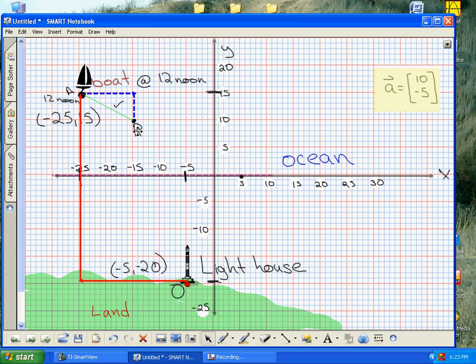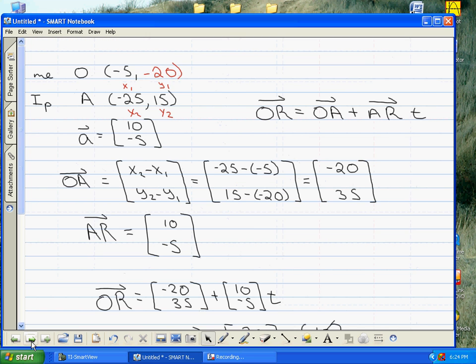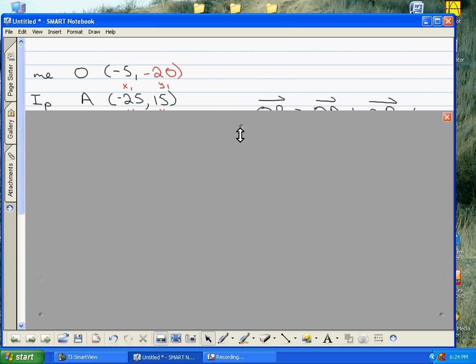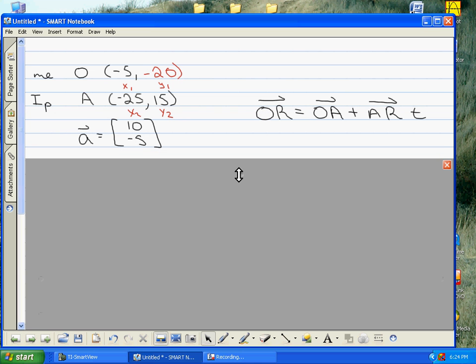And the direction the boat is going, I don't care, because right here I have the directional vector. No need to compute it. Moving along, let me cover this up so you can follow along a little bit easier. I have all the information I need.